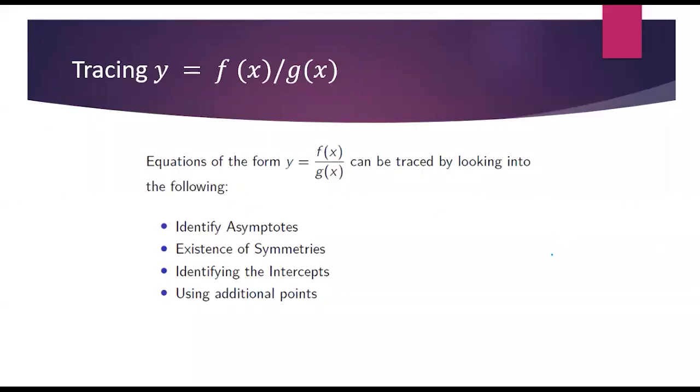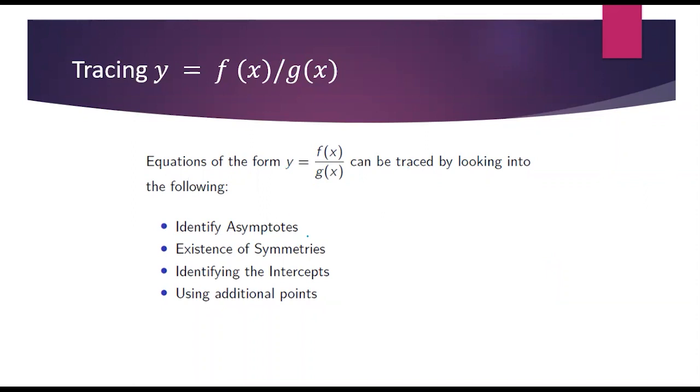So this time let's trace the curve of a rational function. This equation is of the form y is equal to f of x over g of x. So we're going to consider this time the asymptotes.